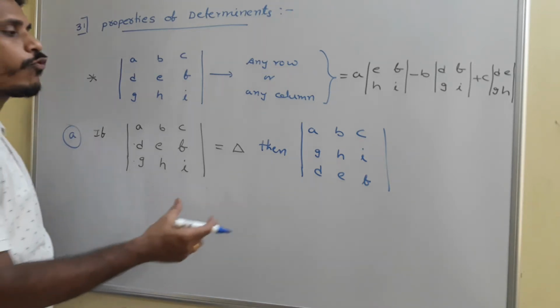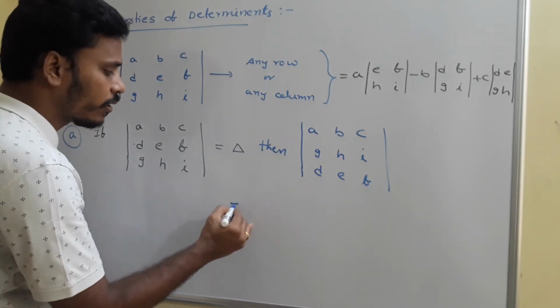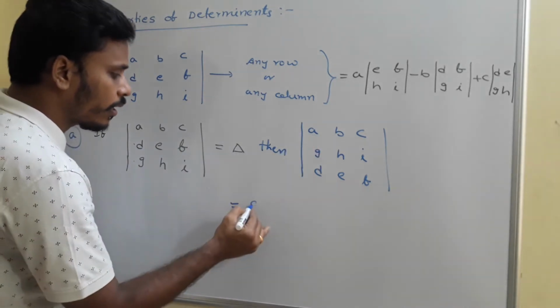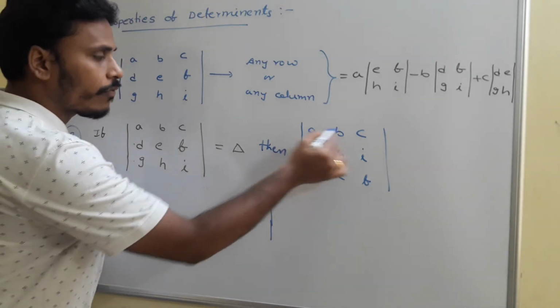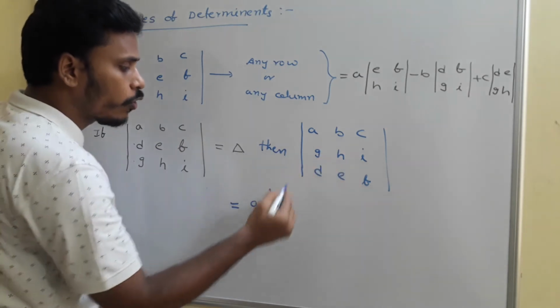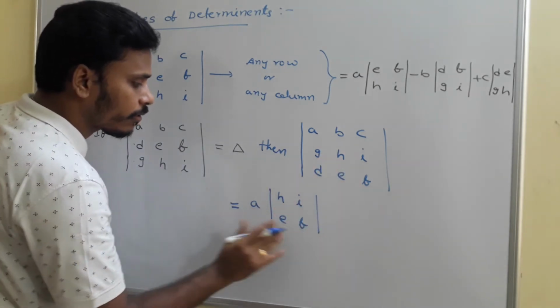If you wish to find the determinant of this, the determinant is simply A into, leave that row and leave that column, write the remaining elements H, I, E, F, is it right?